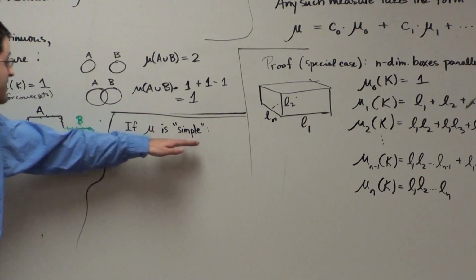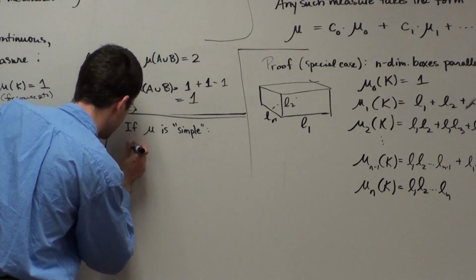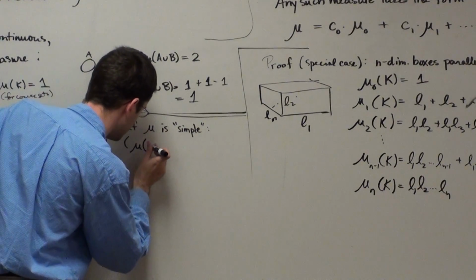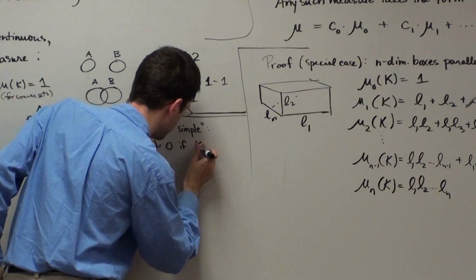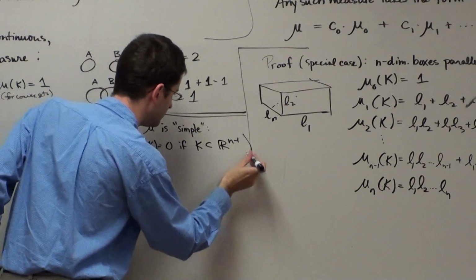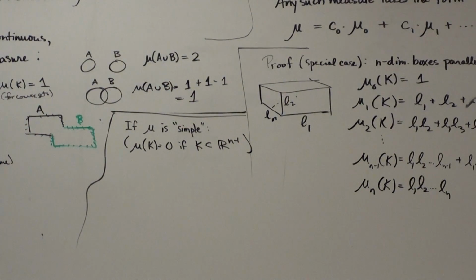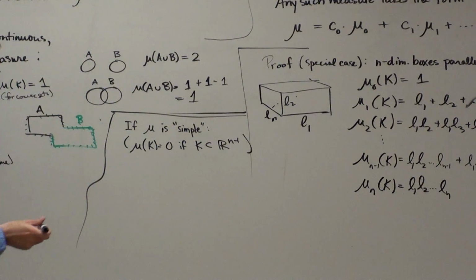Consider a simple case where the measure has value 0 on n-1 dimensional subspaces. In that case, we won't have to worry about n-1 dimensional subspaces.